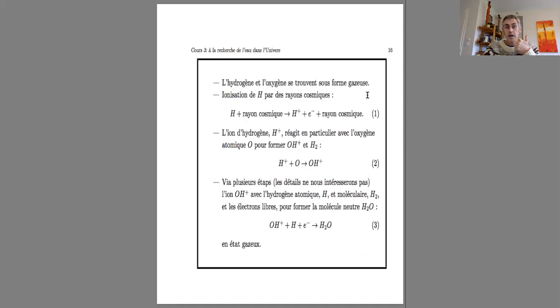At these cold temperatures and low pressures, oxygen and hydrogen are in the gaseous form.